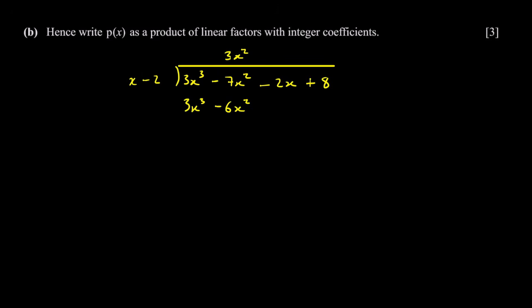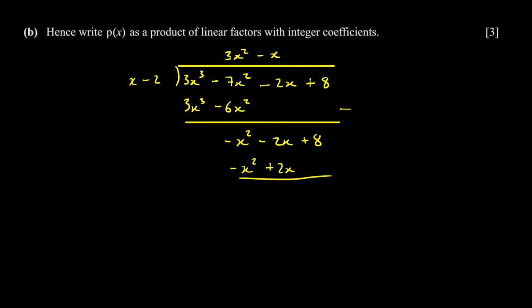And then having done that, I subtract off. 3x cubed minus 3x cubed is 0, minus 7x squared minus 6x squared, so plus 6x squared, is minus x squared minus 2x plus 8. Now negative x squared is my new leading term. So I do negative x squared divided by x, which is negative x. Again, I multiply negative x with the divisor, which gives me negative x squared plus 2x. I subtract that off.